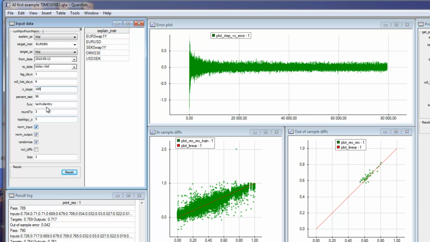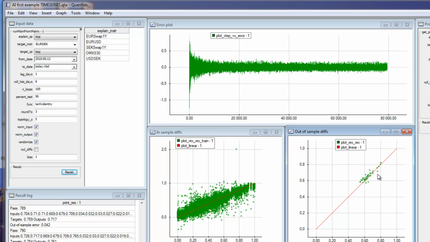We're using 95% of the history as the learning, and the last 5% of this time series as out of sample to check. So this is the in sample and this is the out of sample check. We can see that we're getting some sort of linearity here along with the red line, which would be the true predicted result for the euro-SEK.